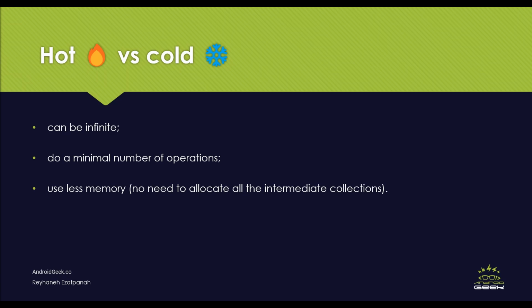We can observe this difference when we use a list, which is hot data, and a sequence, which is cold data. Builders and operations on hot data streams start immediately, but on cold data streams, they are not started until the elements are needed.